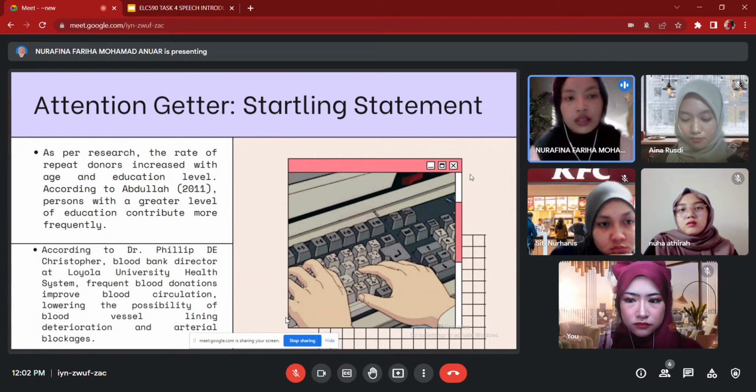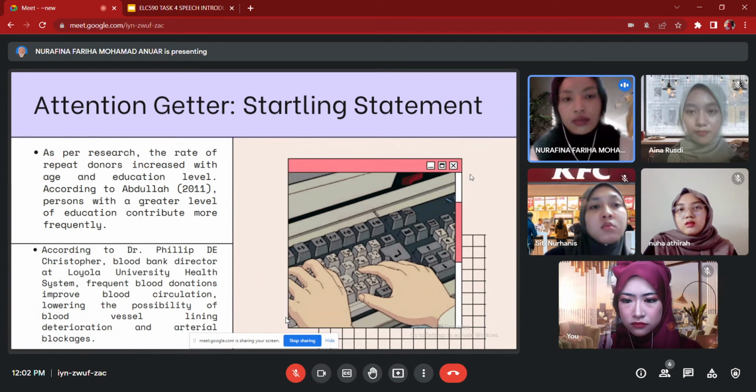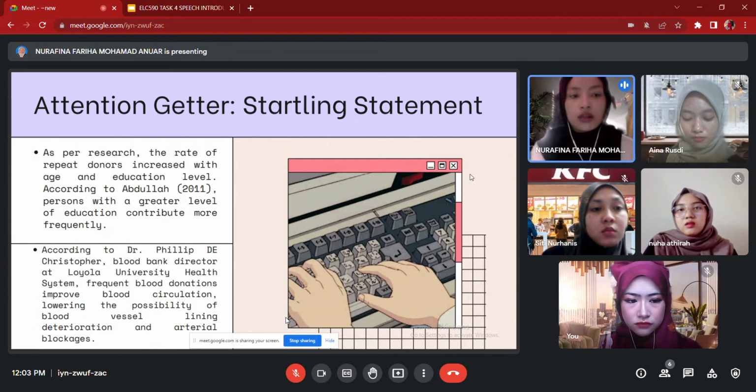The other one is, according to Dr. Phillips Christopher, Blood Bank Director at Loyola University Health System, frequent blood donations improve blood circulation, lowering the possibility of blood vessel lining deterioration and arterial blockages.